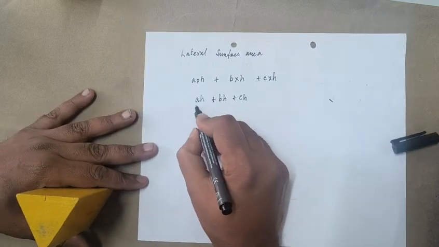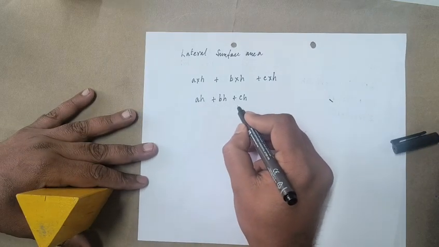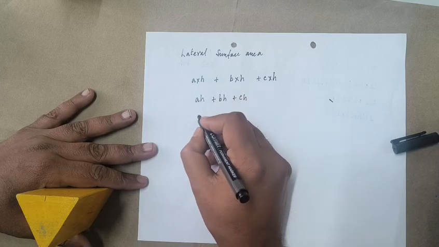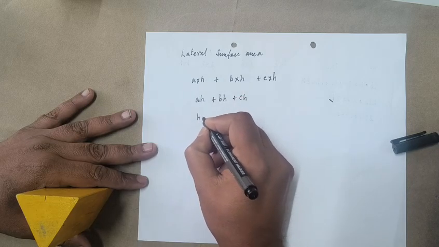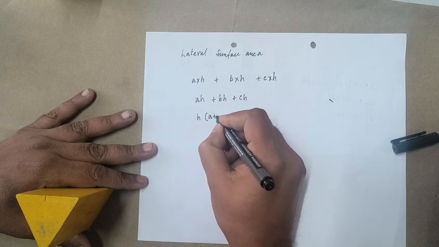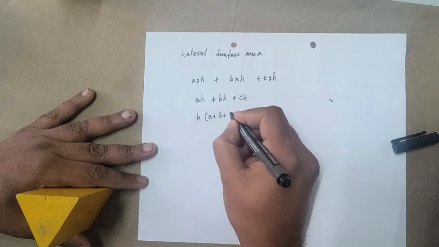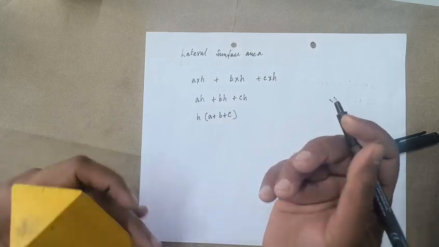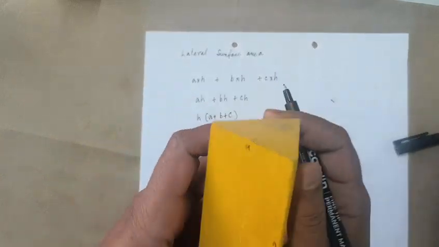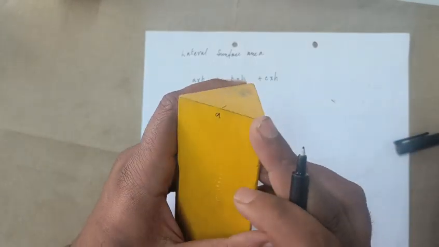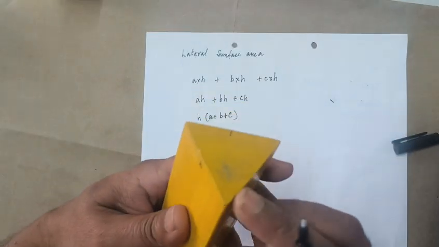Now, if we look at these 3, all 3 of them have h in common. So what we can say is that this is h times (a plus b plus c). Now, what is a plus b plus c? If you look at it, this is a, this is b, and this is c.